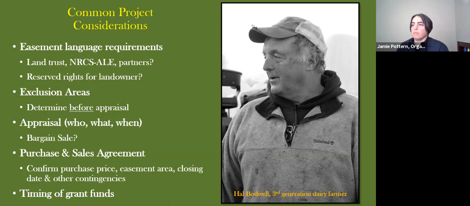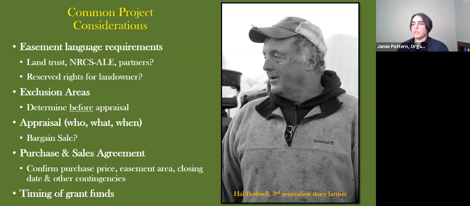So some common questions to consider when you're working on a project like this. You need to think about what your easement language is going to sound like. What are the requirements that you're going to want placed on the farm? In many cases, a land trust will already have a model easement that you want to work from. The Natural Resources Conservation Service has required deed terms, as does LCHIP and some of our other partners.